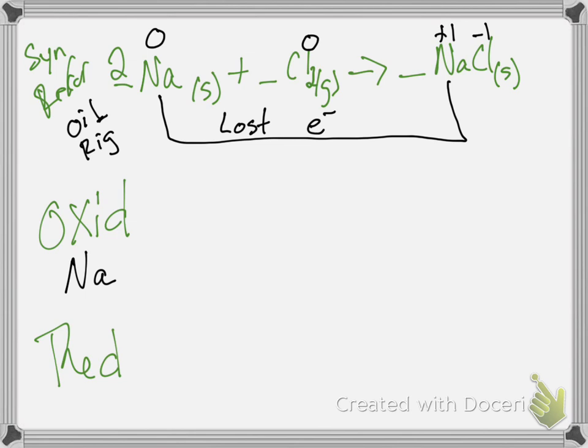If I look at chlorine, chlorine goes from 0 to -1. What has happened to its electrons? So it has gained an electron. Which means in RIG, G stands for gaining.